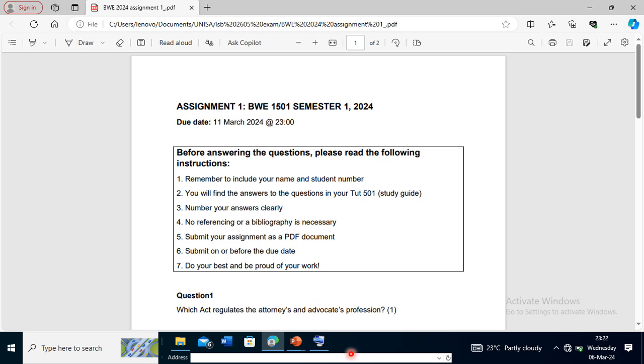You just enter your personal details and that's it. It's a good thing. The link on how to create a cover page is in the description.